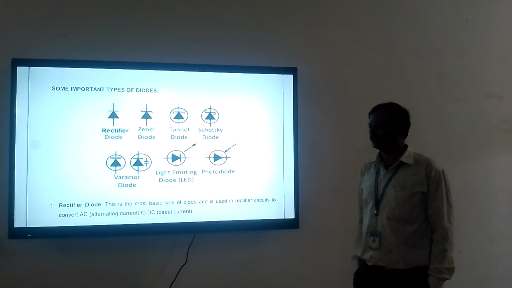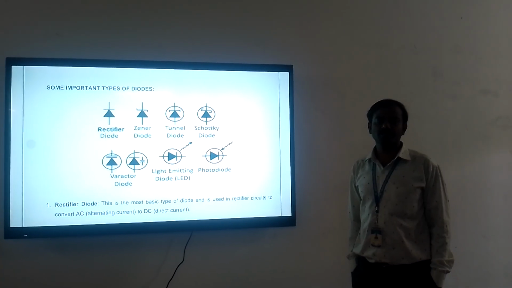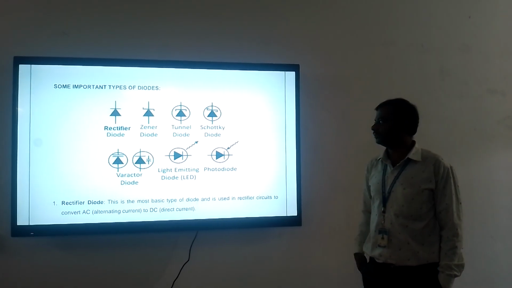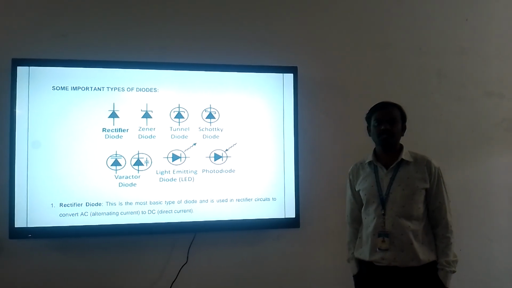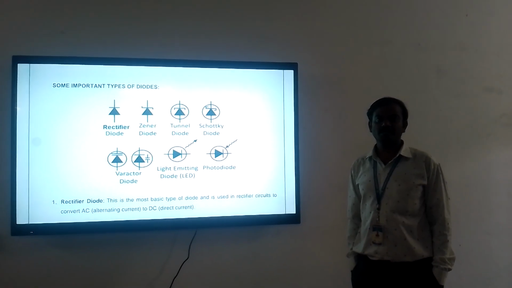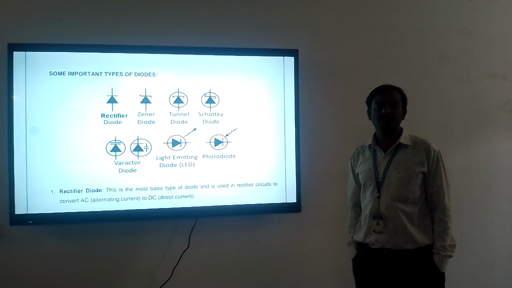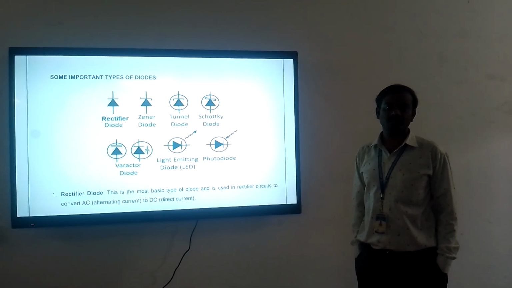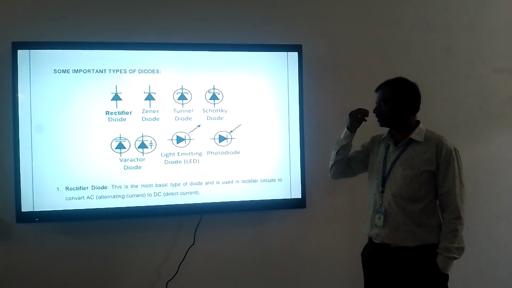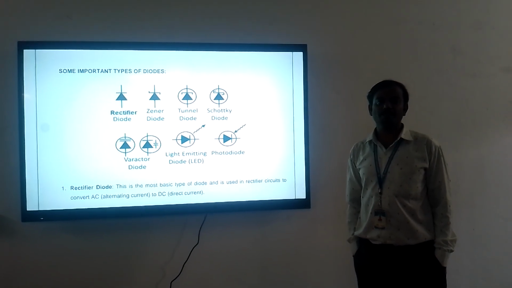The third is the tunnel diode. In some cases, tunnel diodes are used to save electricity in electronic devices. A Schottky diode is used where an application needs a higher work function, with a metal and semiconductor combination. In those applications, the Schottky diode is used. A varactor diode is a variable power supply capacitor diode.